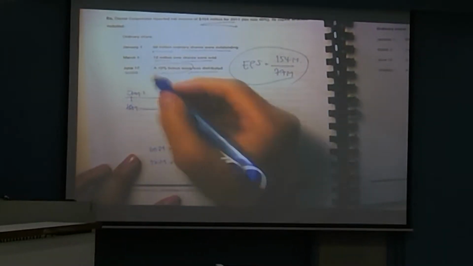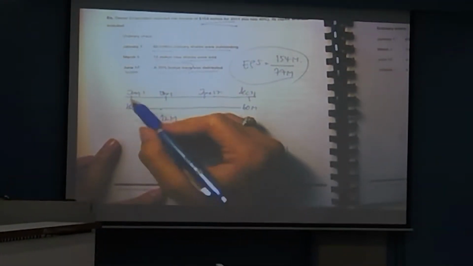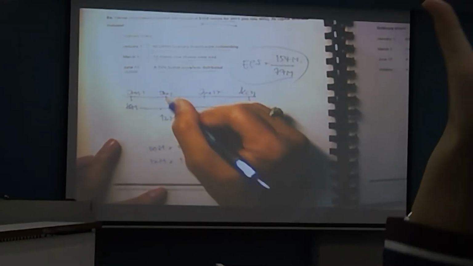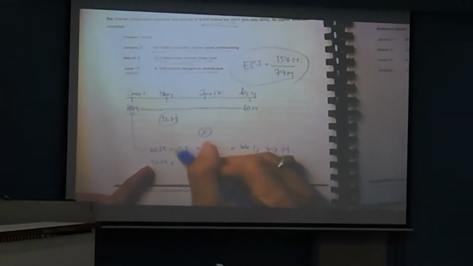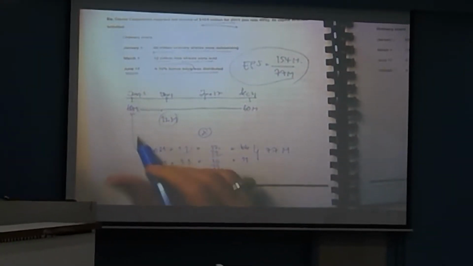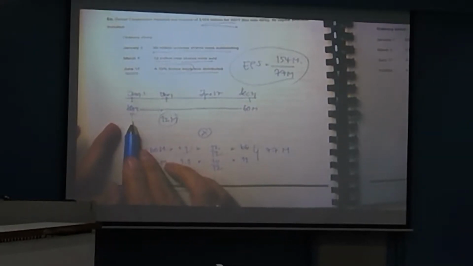If you draw the timeline, you have 60 million shares followed by 12 million shares. We need to pretend the 60 million shares had the bonus issue at the beginning of the year.